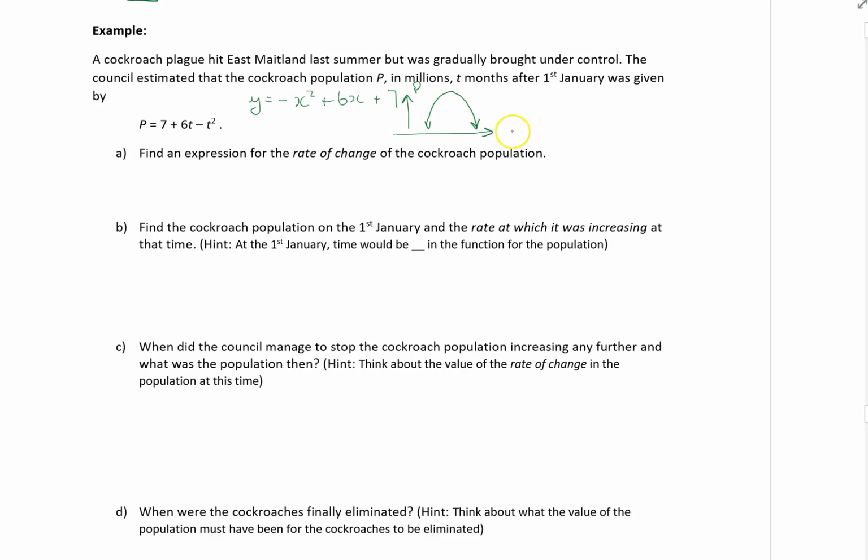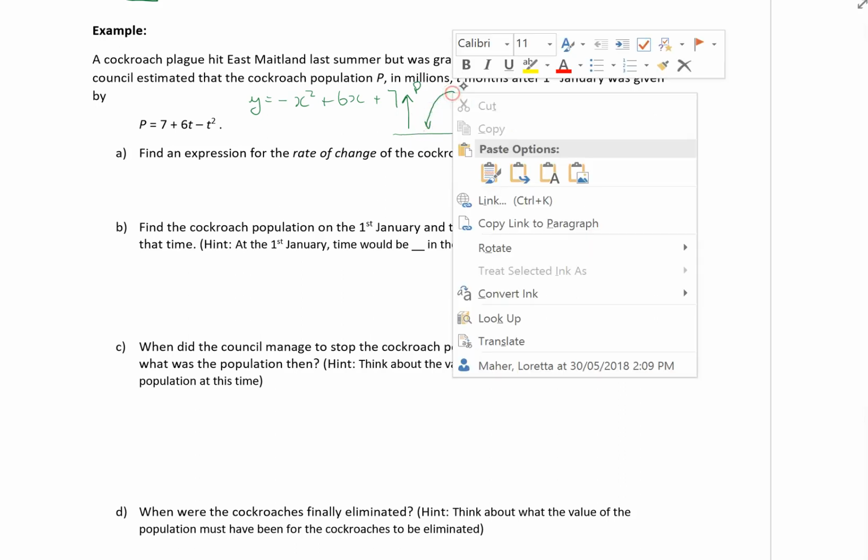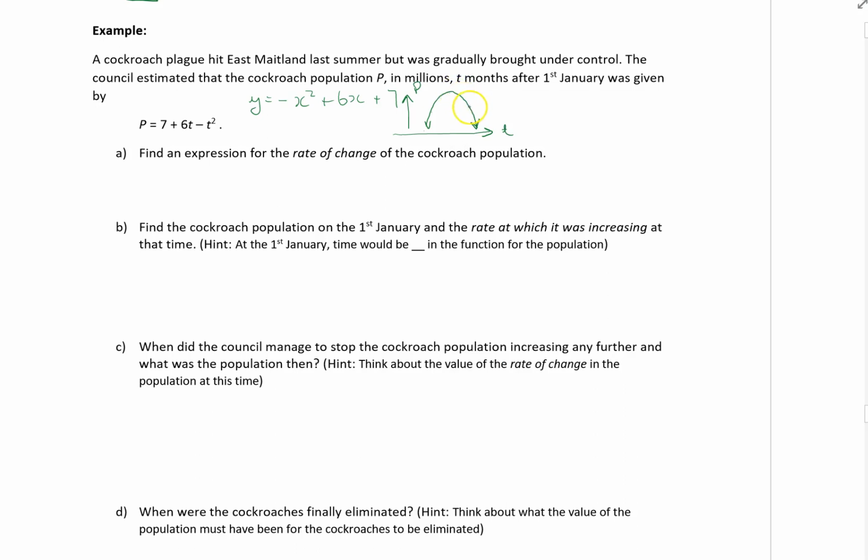This is time. So we can see that the population of cockroaches is increasing, and then at some stage it starts to decrease. So this is going to be a critical point, I imagine. When did the population of cockroaches start to decrease?